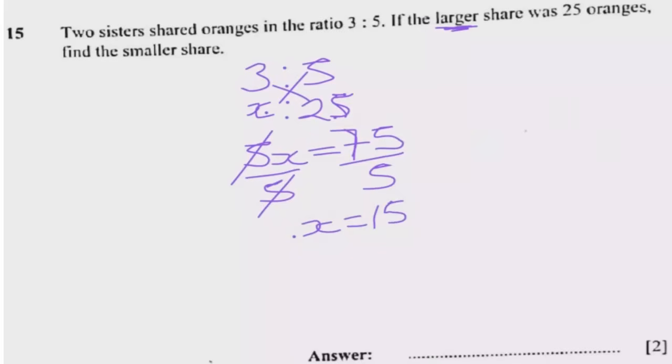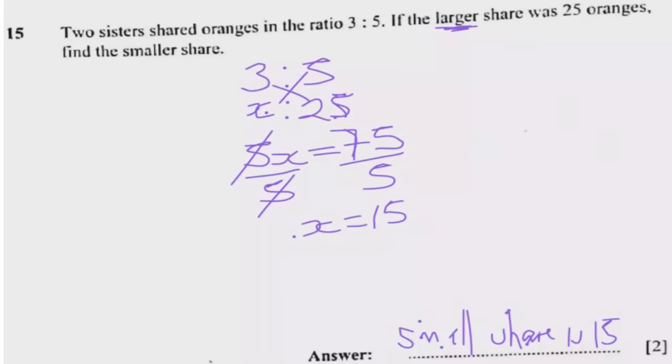Therefore, the answer is: small share is 15 oranges.